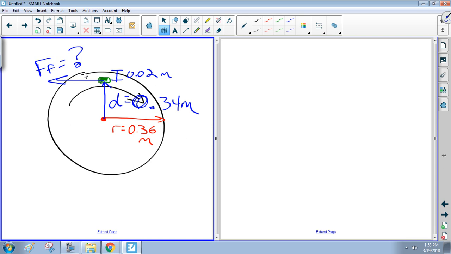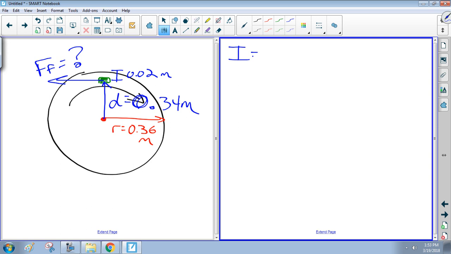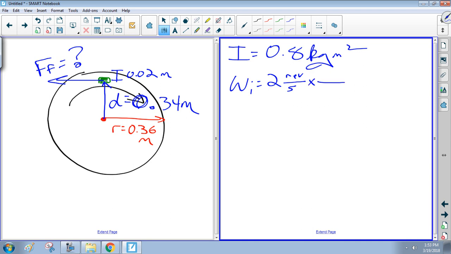So the problem gives us the rotational inertia of the tire, doesn't it? I think it's 0.8 kilogram meters squared. We'll go with that. Let's see, what else does it tell us? The front wheel is initially spinning at 2 revolutions per second, which really I guess should be rotations per second, as somebody was kind enough to point out last hour.